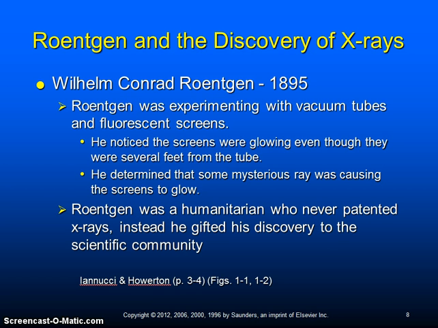After replacing the fluorescent screen with photographic plates, he was able to permanently capture images. He then placed his wife's hand on a photographic plate and exposed her to the rays for 15 minutes to show that he was able to permanently capture the outline of her bones.